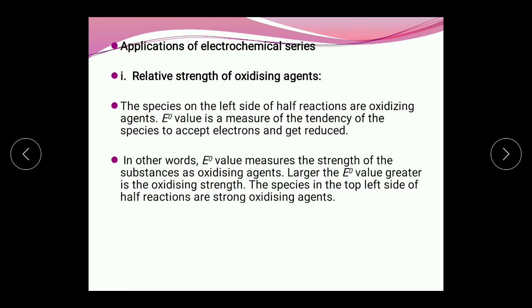On the contrary, we can also find out the relative strength of reducing agents. The one which has a natural tendency to undergo reduction is written on the top, and reducing agents are the ones which bring about reduction by undergoing oxidation, and these agents are written in the lower half, below the standard hydrogen electrode.